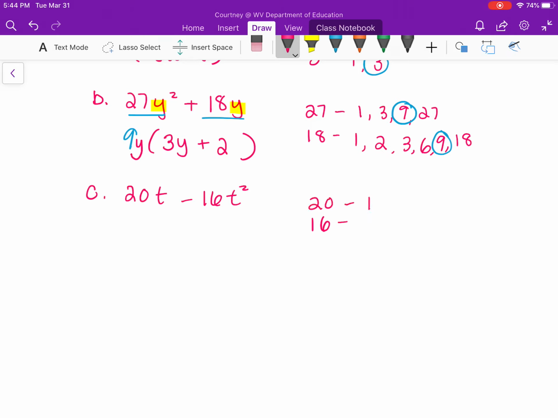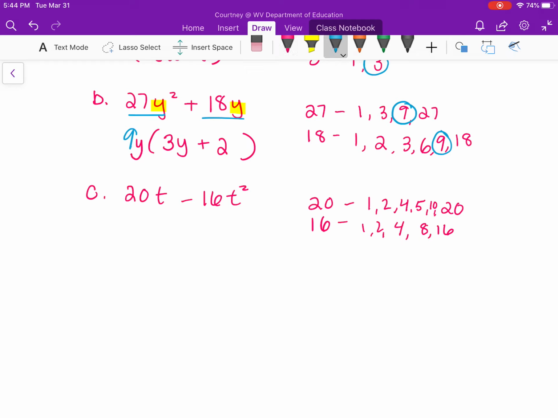So 20 has 1 and 20, 2 and 10, and 4 and 5. 16 has 1 and 16, 2 and 8, and 4 and 4.